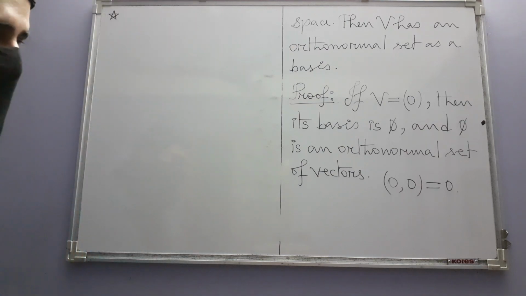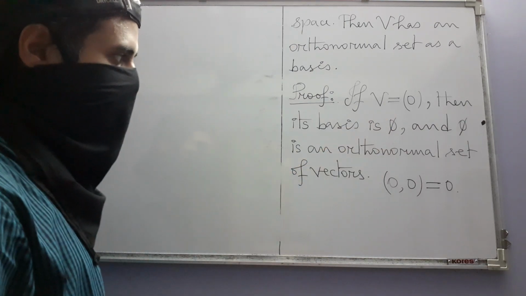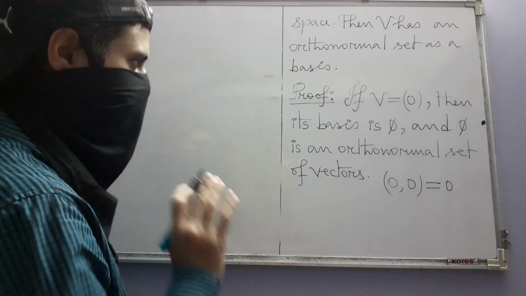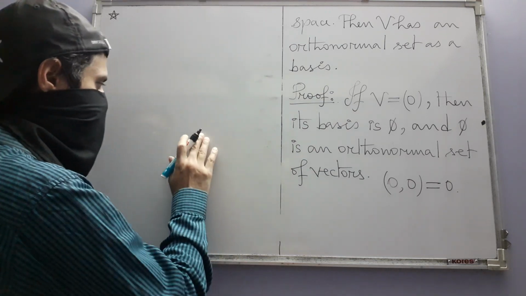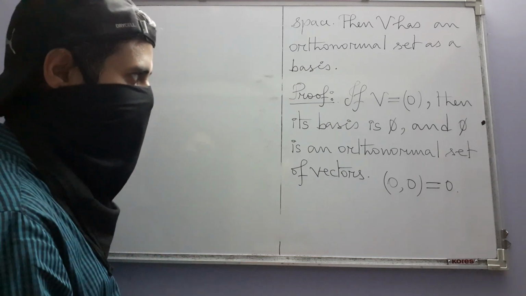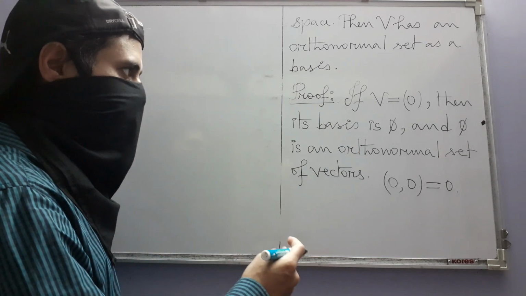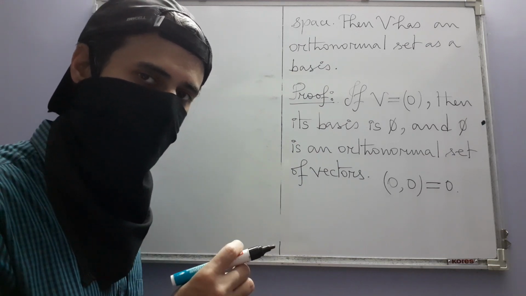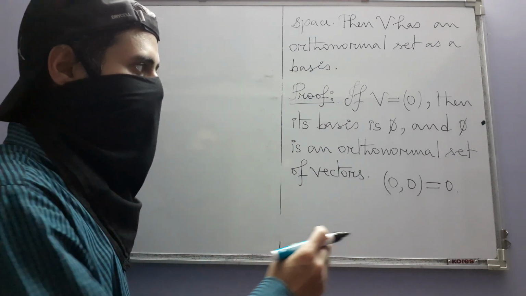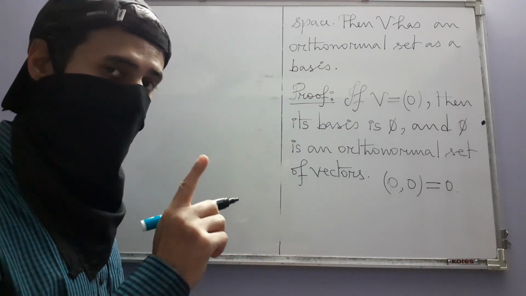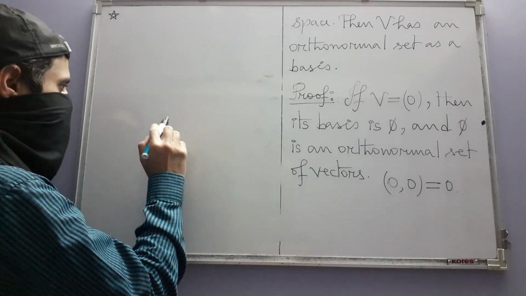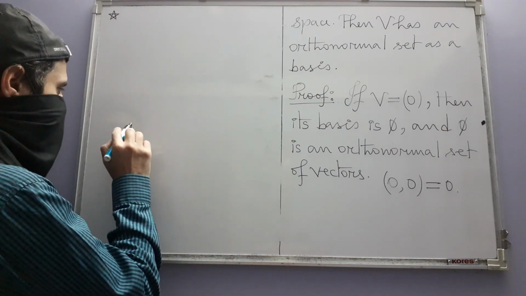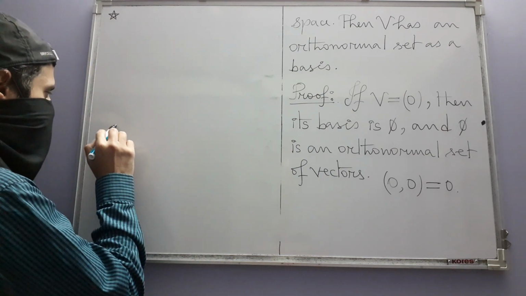That's it, and that itself is the definition of your inner product. Okay, so let us now see why the empty set is an orthonormal set of vectors. What do we need for orthonormality? A set of vectors is said to be orthonormal if two distinct vectors from the set are orthogonal to each other and each vector from the set has length 1. So if you write these things down in symbols, it will look like this.